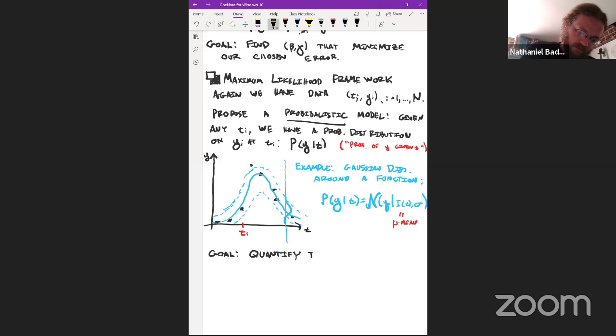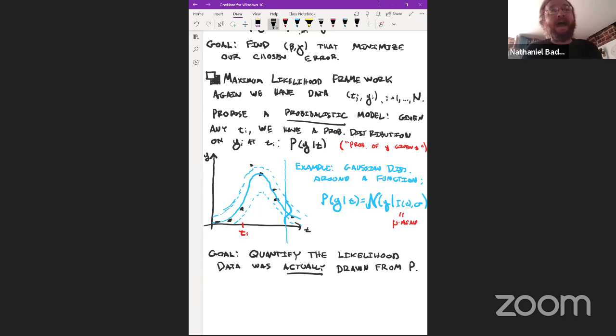Quantify the likelihood the data was actually drawn from P. Because of course we could propose some crazy model that has nothing to do with anything we see here.